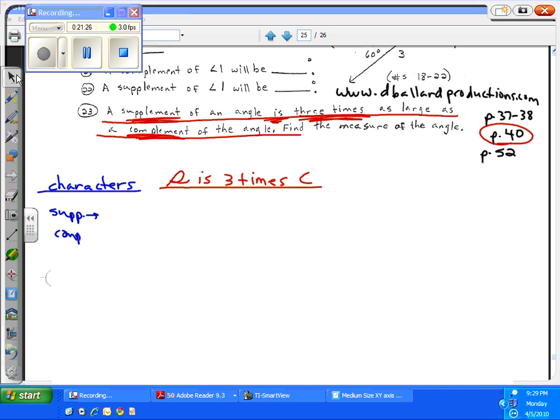We have the characters supplement, complement, but it says of an angle. Now, we know with 3 variables, you would have to have 3 word sentences unless you can name them in terms of the same variable.